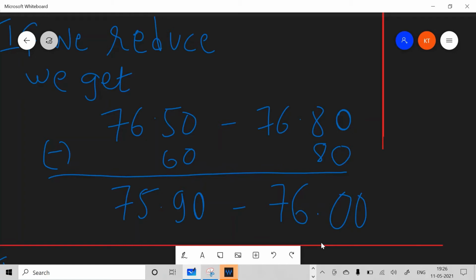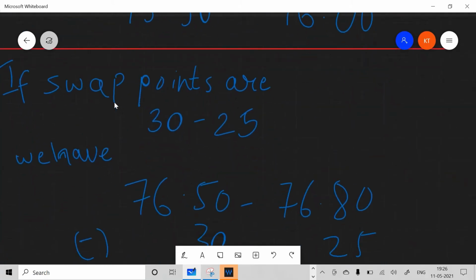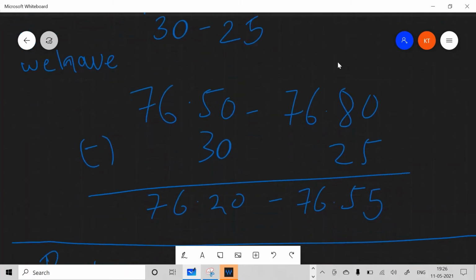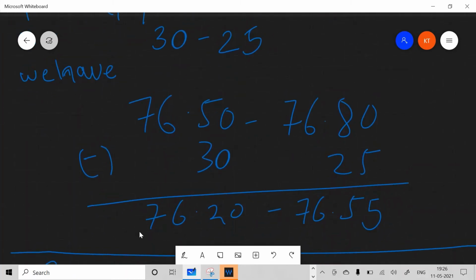Similarly, you can think of swap points in descending order. So let's take the example wherein we have the same spot rates and the swap points that are given are 30 and 25. And if we reduce them, what we get is the forward rate as 76.2 to 76.55. This means that the cost of buying for the bank is reducing by 30 paisa, and at that time it reduces its selling price by 25 paisa.